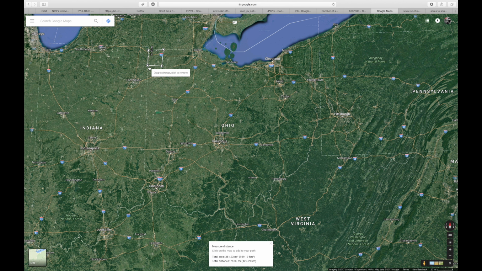So if we come back to Google Maps, and if I make a square, I did this earlier, so I kind of know how big it is. But if I make a square that is around 55,000 square kilometers, you can see the amount of land in Ohio we devote towards agriculture absolutely dwarfs the amount of land that we would need for solar panels.